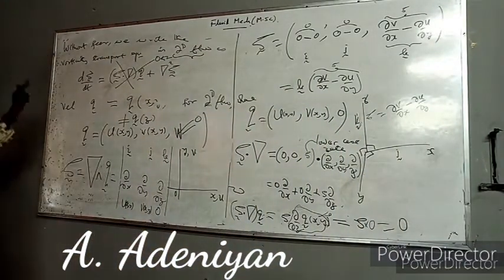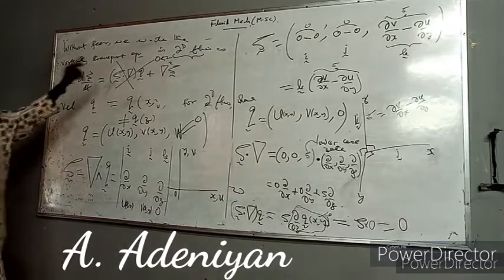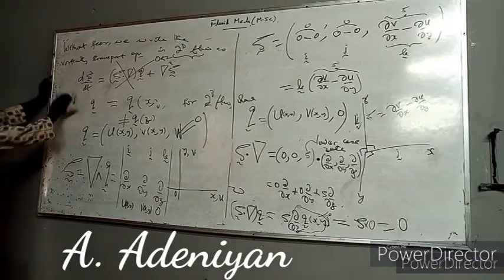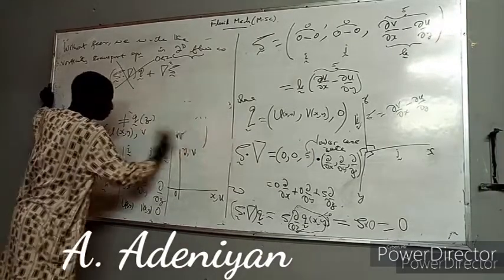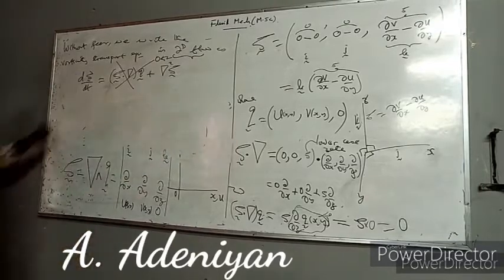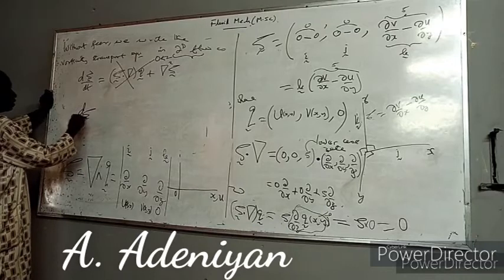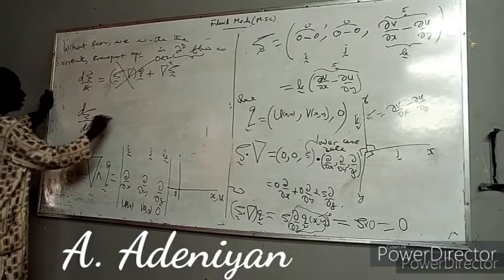So you can quote without any fear that if the flow is 2-dimensional, then the rate of transport of vorticity, as you can see here, is equal to what?